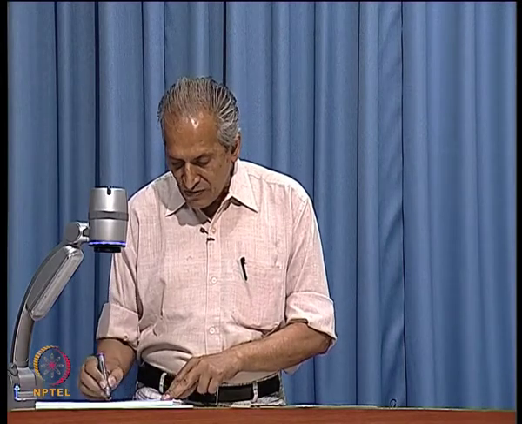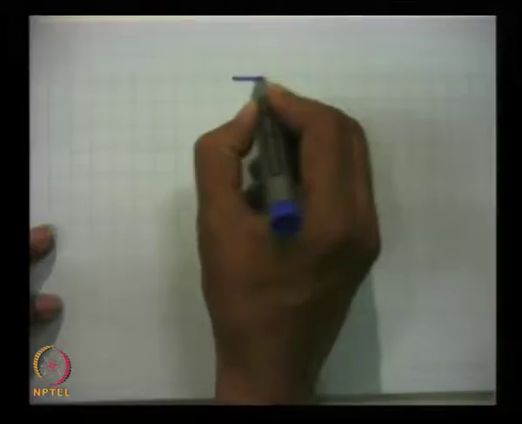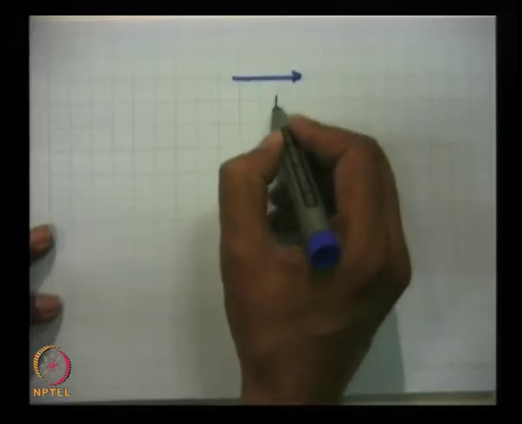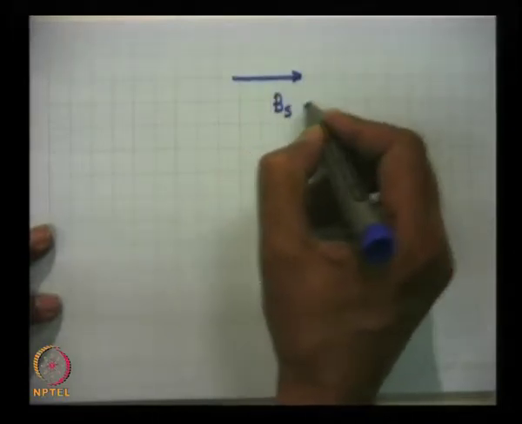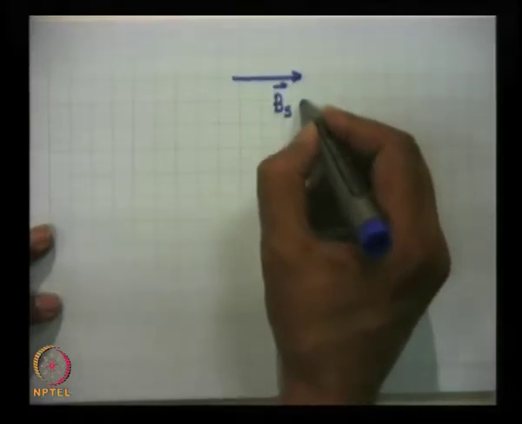A few things I would like to emphasize right in the beginning. The major effects that we anticipate from the presence of magnetic field are as follows. Suppose this is the direction of magnetic field, a static magnetic field, which we normally take to be the z axis.